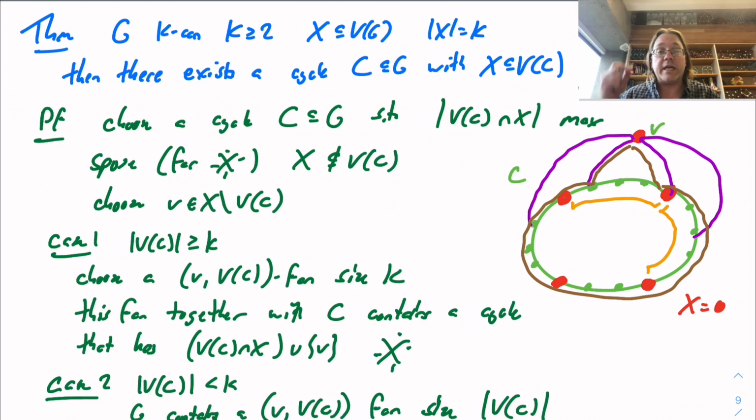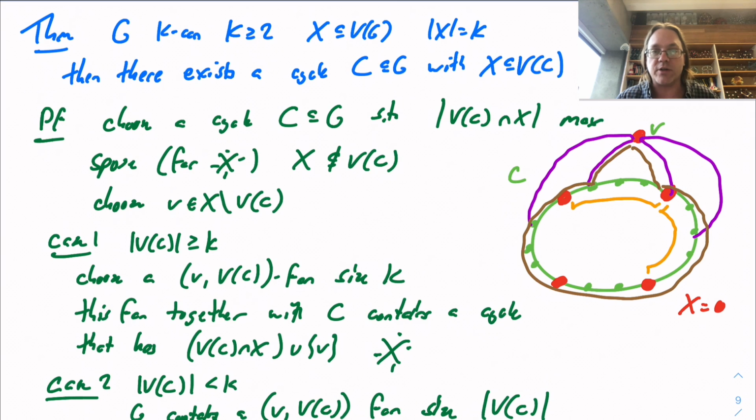So in other words, we get a fan that has a property. Every path is going to start at the vertex V, but you have one path ending at each different vertex on the cycle. So then you can just take two consecutive vertices on your cycle, and you can walk around the whole cycle and replace that one edge between them with the path out to V and the path back.